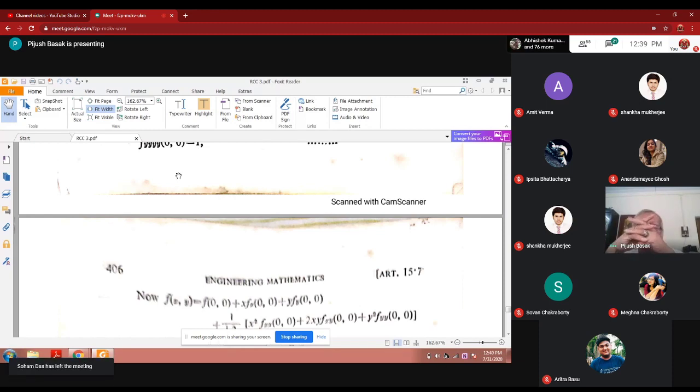So maximum of the maxima is called global maximum, I'll discuss, and minimum of the minima is called global minimum. Right? And this is for a line.